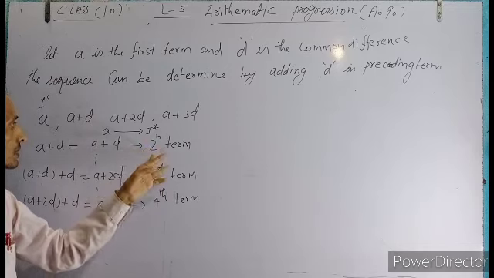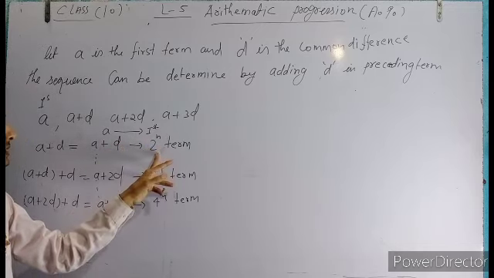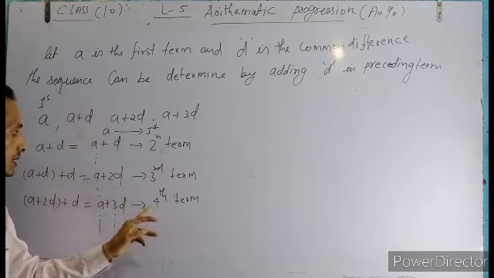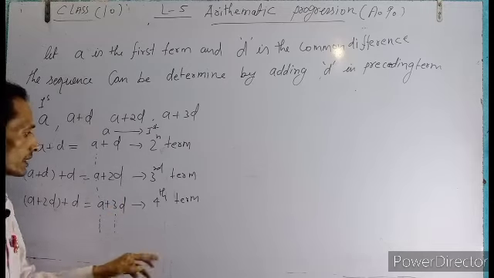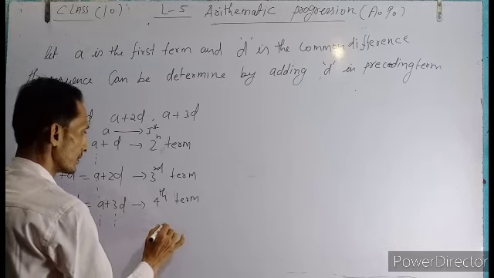You can observe that the number of D's is one less than the term number. If it is the 2nd term, there is 1 D; the 3rd term, 2 D's; the 4th term, 3 D's. For the nth term, observe that it will be n minus 1.